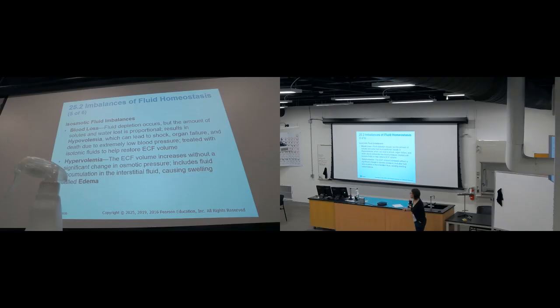Well, blood loss. When someone has blood loss, you deplete volume because you're losing plasma, and together with plasma go all of these ions. This blood loss can be hypovolemia that can lead to shock, organ failure, and death, depending on how much blood you lose in the amount of time, and whether or not you restore this volume.